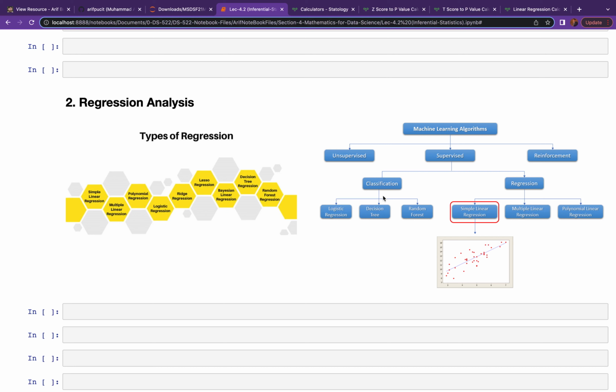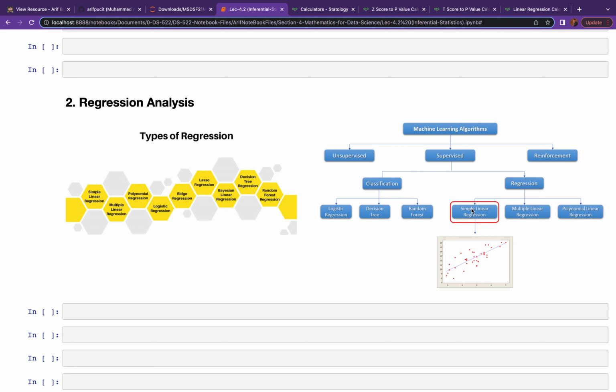After classification, the other main category of supervised machine learning algorithms is regression. The regression algorithms are used to predict continuous value outputs, like predicting the price of a house, or in the above examples, predicting the forgetfulness level given a specific drug dosage.